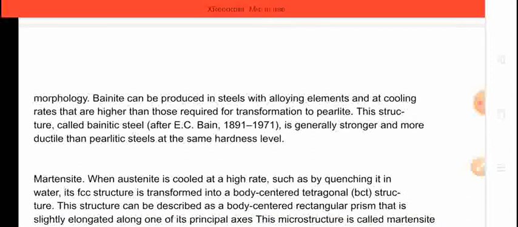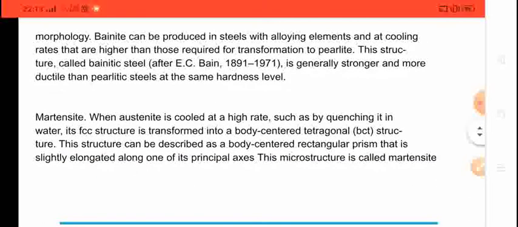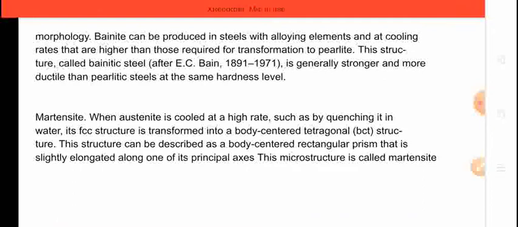Martensite is the hardest structure which is obtained in the heat treatment process. When the austenite is cooled at a higher rate, such as by quenching it in water, its FCC structure is transformed into a BCT, body centered tetragonal structure.